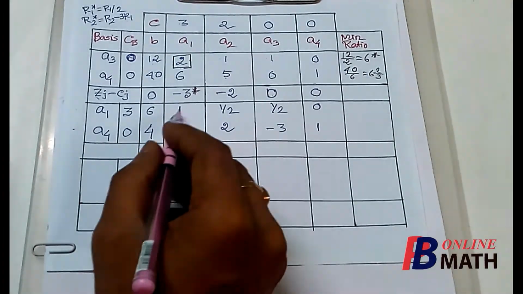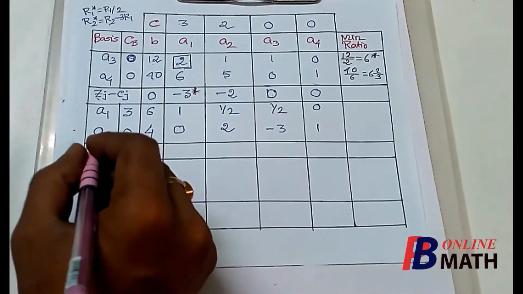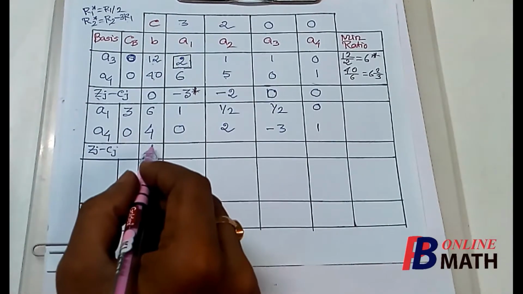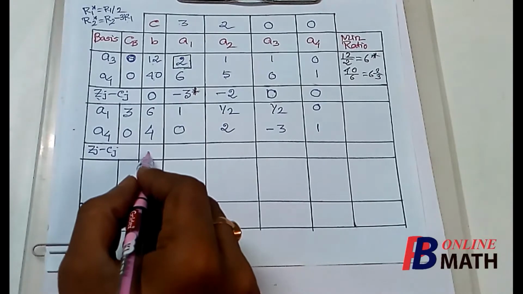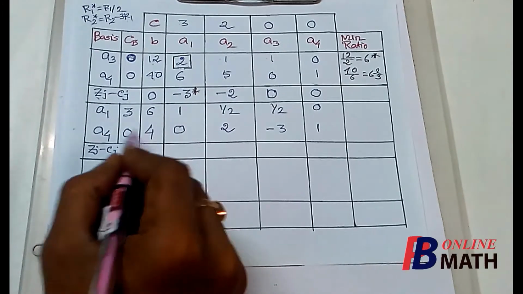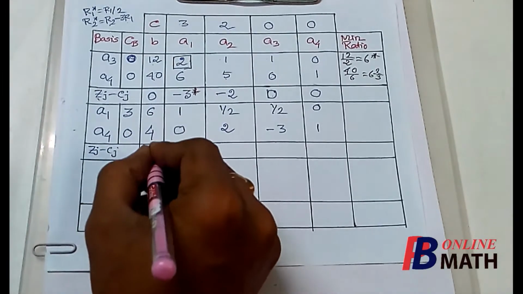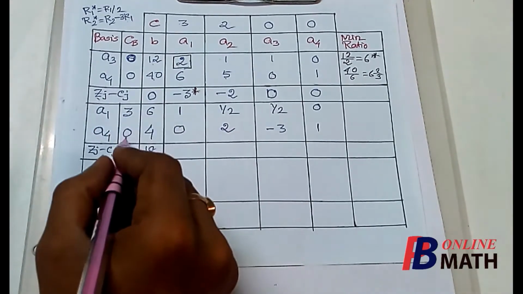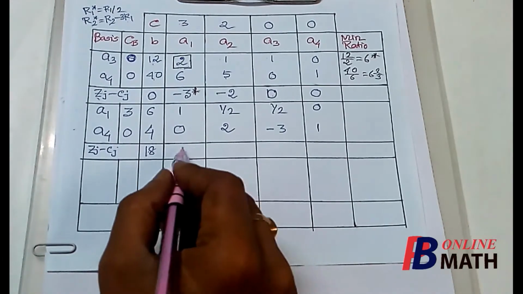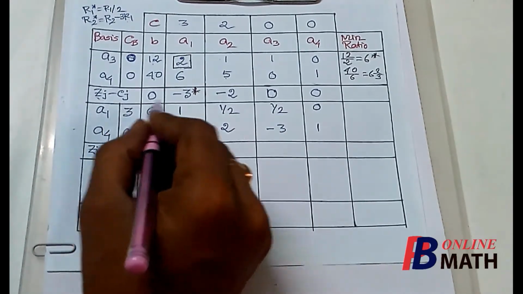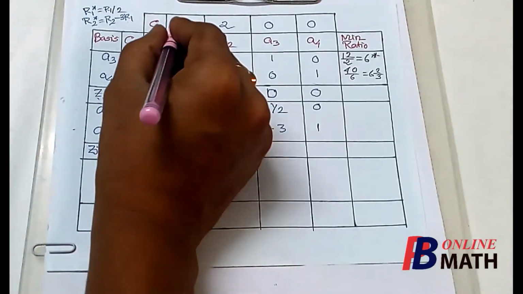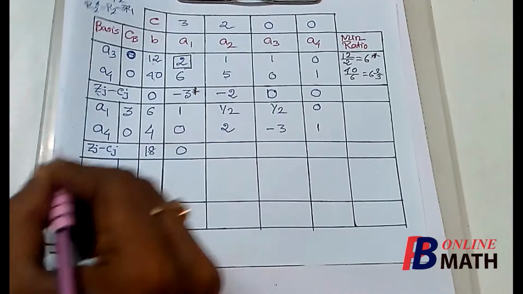So we have obtained all the coefficient vectors. Now we have to find all the values of zj minus cj. First this value can be found by 3 into 6 plus 0 into 4, which is 18. Now the values of zj minus cj. Now first one is 3 into 1 plus 0 into 0 minus 3, which is 0.